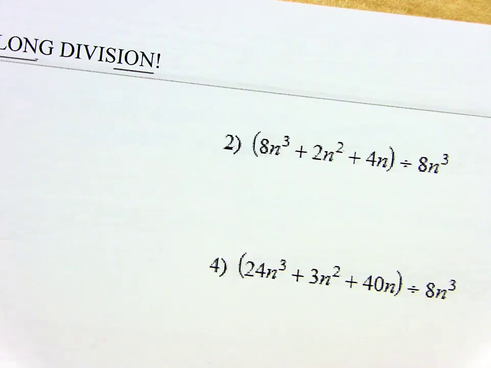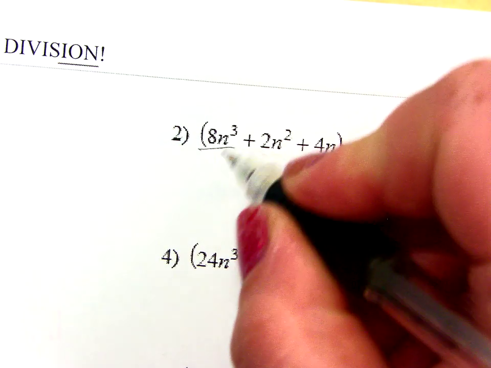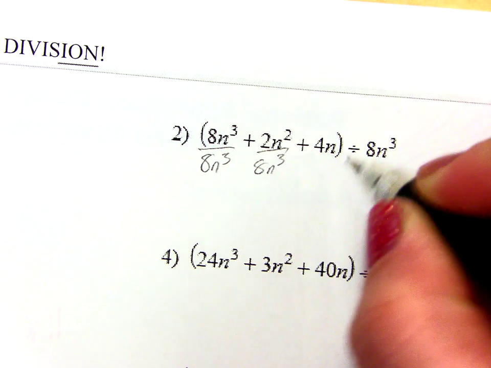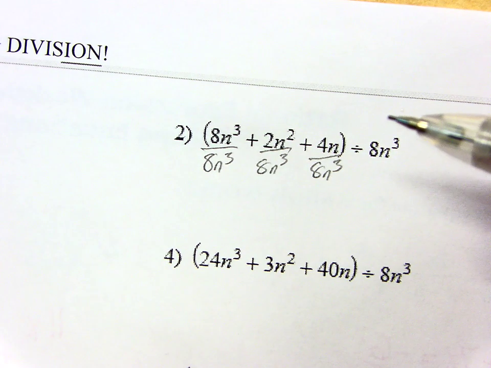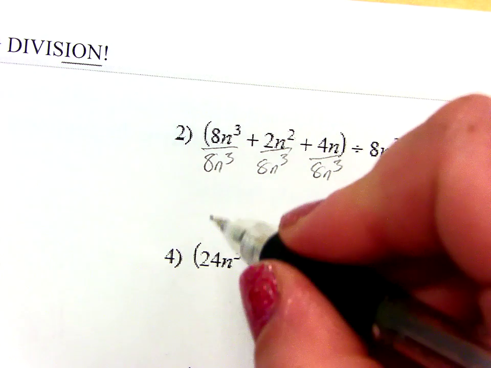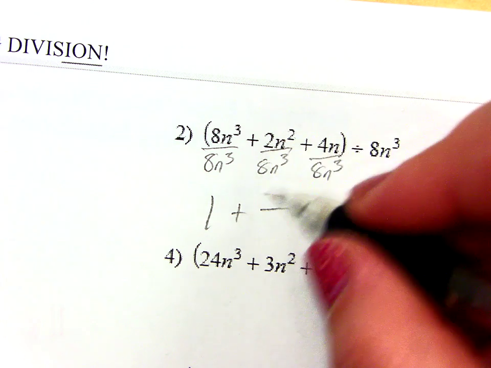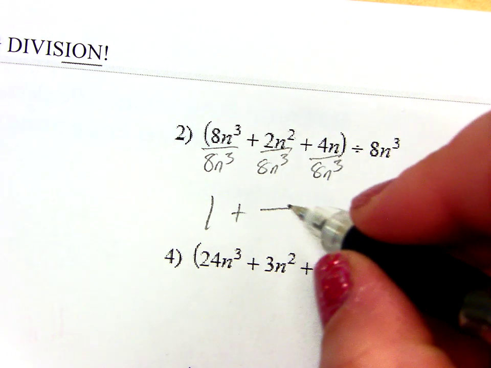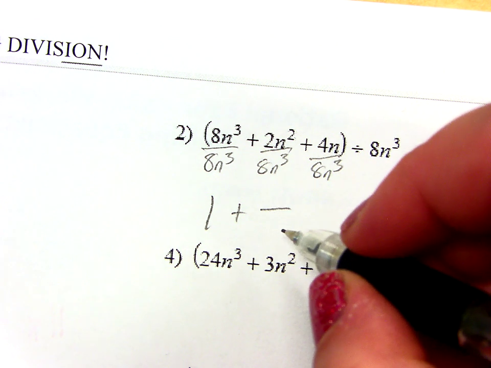So let's try it on number 2. I'm dividing the whole thing by 8n cubed. So I'll divide each term by 8n cubed. The first one's pretty easy. That's just 1, right? Because everything cancels. Now the next one, what's left over when you simplify that? 1/4, but the n on the denominator.